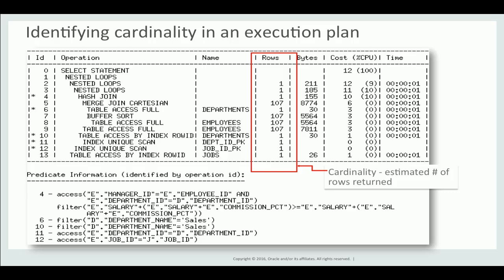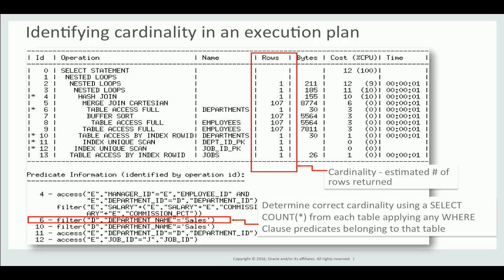So how do I know if those cardinality estimates are any good? You can compare them with the actual. How do I get the actual number of rows? If you look over here in the ID column, you start to see little asterisks or stars next to some of the lines. If you look underneath the execution plan, it will show you what part of the query was used to generate or is going to be processed in that step of the plan.